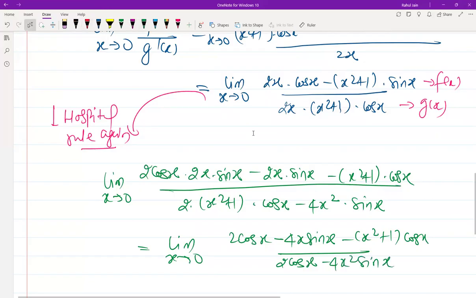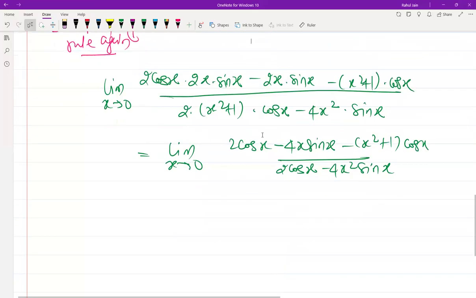And if I further compute it, I just need to substitute x directly.